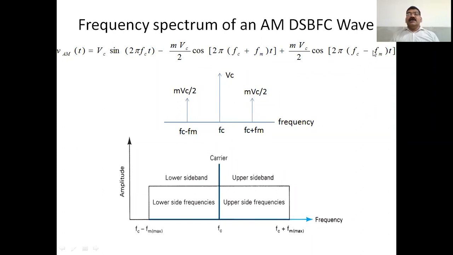And here it is 2 pi (fc minus fm), so on the other side it deviates by fm: fc minus fm. These are the frequencies I have to put on the x-axis.